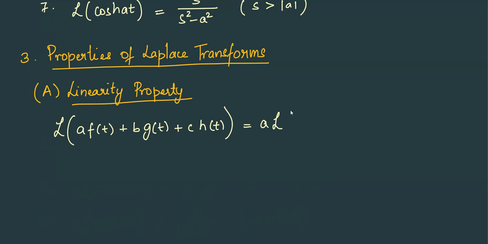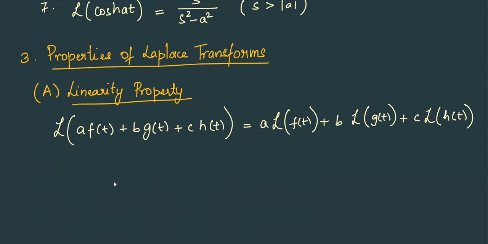It will be a times Laplace transform of f of t plus b times Laplace transform of g of t plus c times Laplace transform of h of t. So this is just like our integrals and differentials. This is the linearity property.